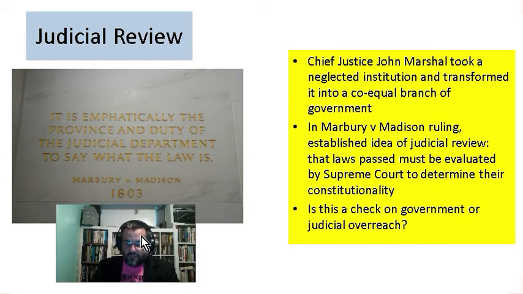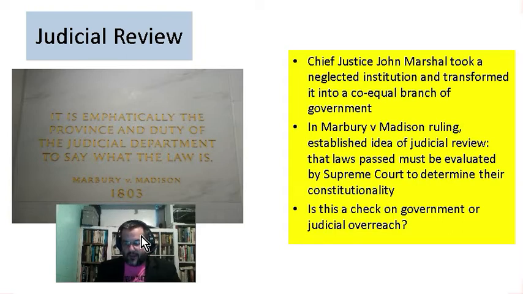So one of these appointments, a person named William Marbury, didn't receive his commission before Adams left office, and Jefferson decided not to deliver it since he knew Marbury was a Federalist. So Marbury took the case against Jefferson's Secretary of State, James Madison, to the Supreme Court.